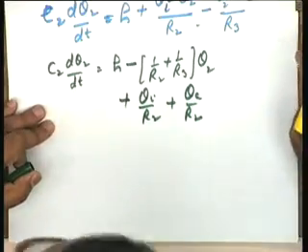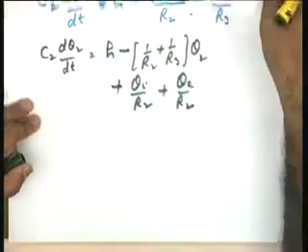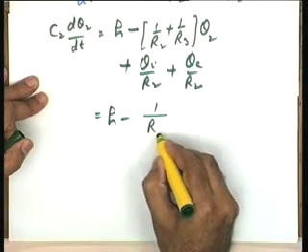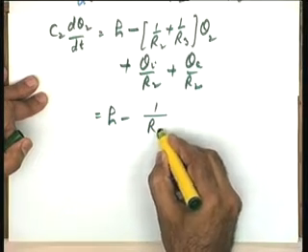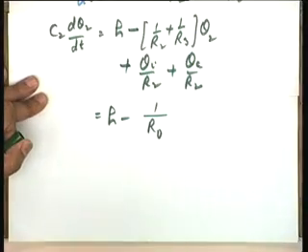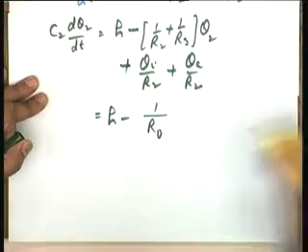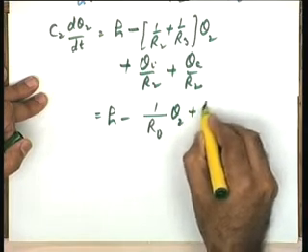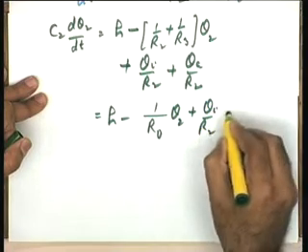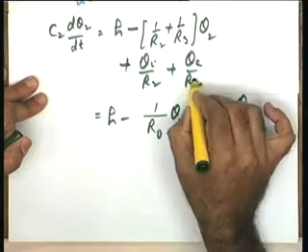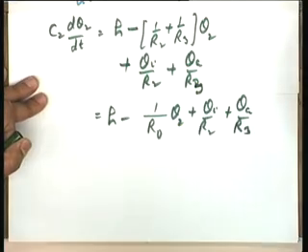Is it okay, please? This I could write as equal to H minus... Could I write this as 1 over R, some new variable R0, no new parameter. R0 is a parallel combination of R2 and R3. So, minus 1 over R0 θ2 plus θi over R2 plus θa over R3.